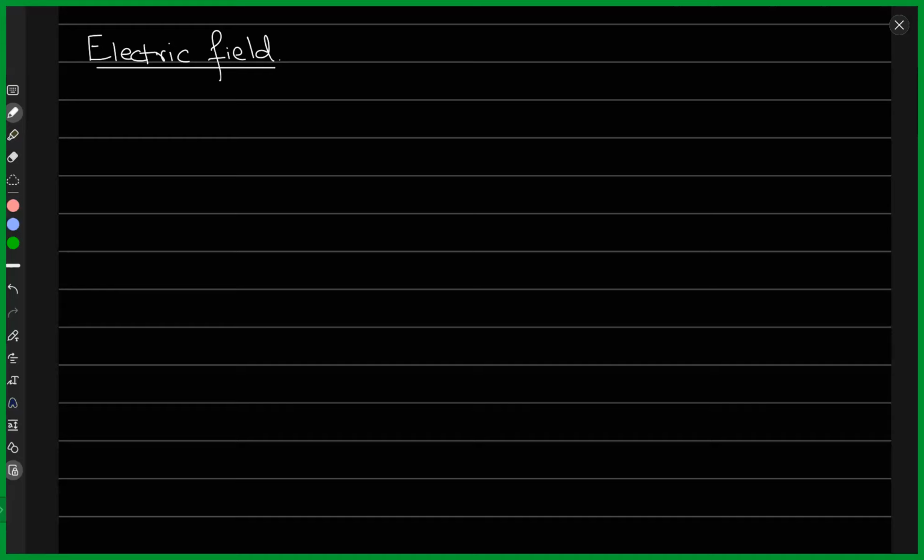And so if I have this electric field, suppose this is my electric field, if I put another charge in this electric field, it's going to experience something. That's the force, the electric force. So the electric force is also a result of the electric field.